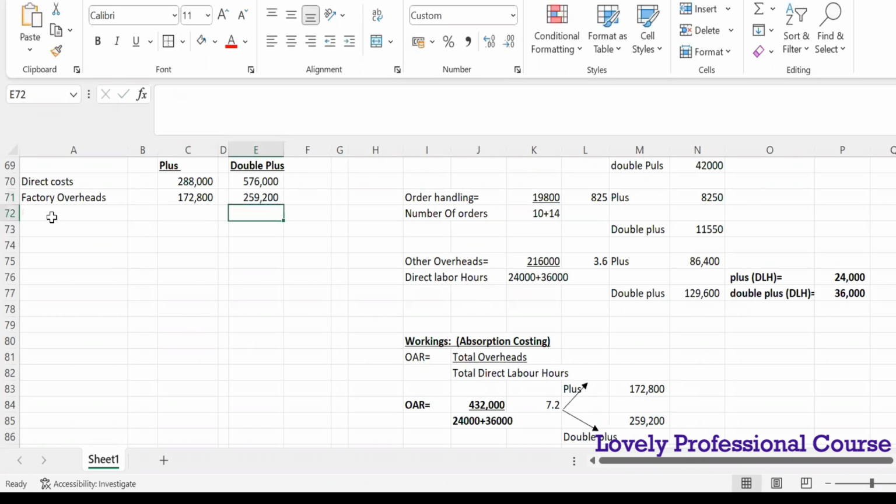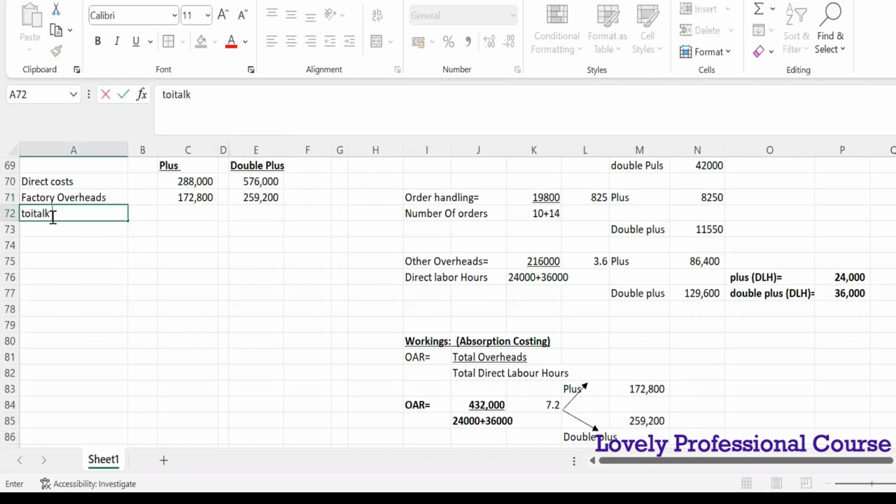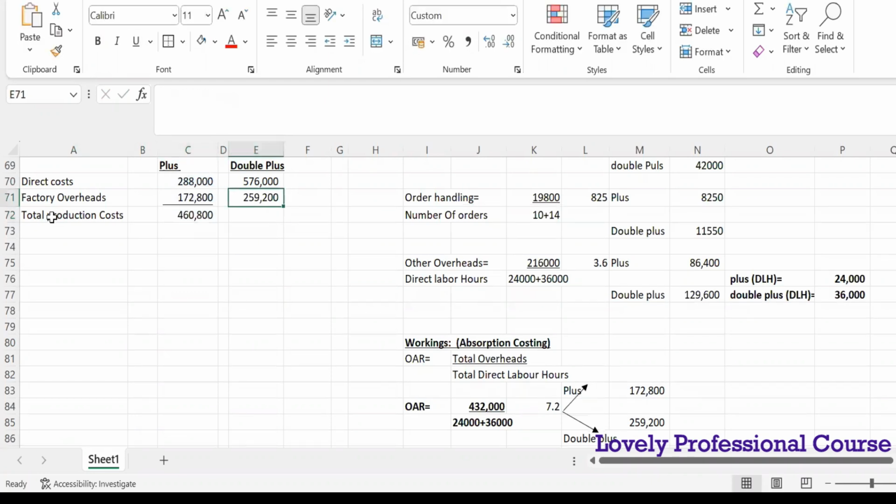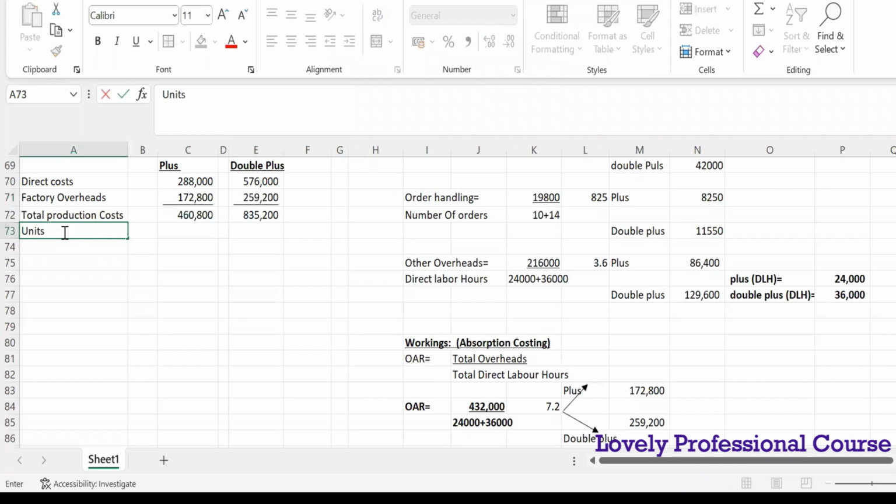So what is my total production cost? Total production costs. Is it okay? It is going to be this. Total production cost is going to be this. So here, total production cost is going to be also this. This is total production cost. So units produced. How much is it?